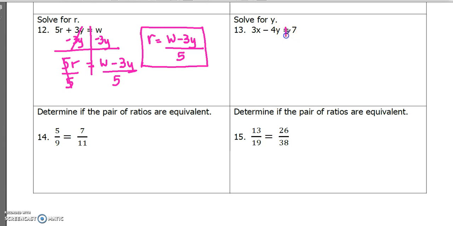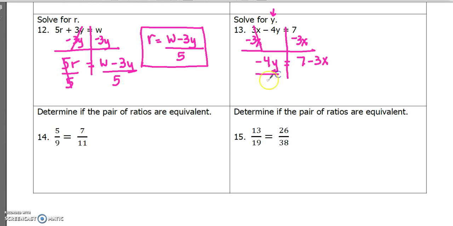So let's try number 13. Same concept. I'm solving for this variable now, which is y, which is right here. So that means I'm moving my 3x over by subtracting. So my 3x is gone. It leaves me a negative 4y and I have 7 minus 3x. Again, not like terms, so I cannot combine them.